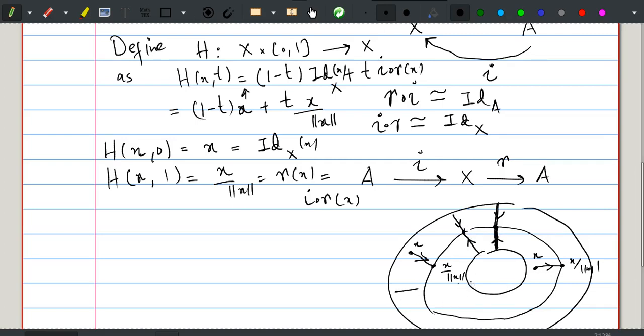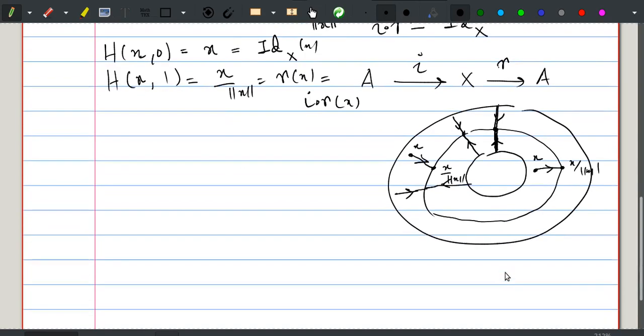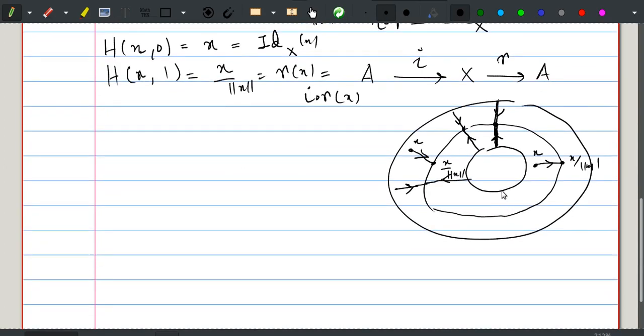So finally when we do this for all points, these two spaces, I mean x and a, they are homotopically equivalent because one can be contracted to the other.